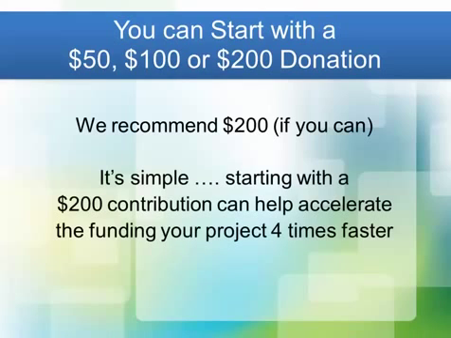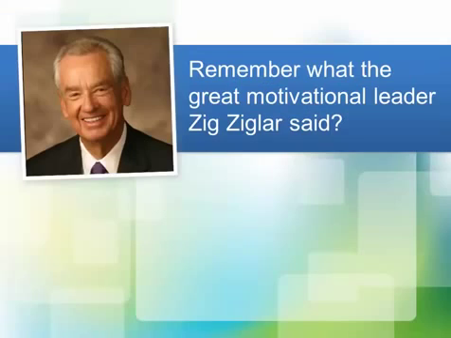And it's simple. Starting with a $200 contribution can help accelerate the funding of your project literally 4 times faster. And the reason is very simple. People tend to do what you do, and if your community are all sharing $50 donations, it literally takes 4 times as many people to reach the funding as when each person does 200. So we strongly recommend going with the 200 if you can.